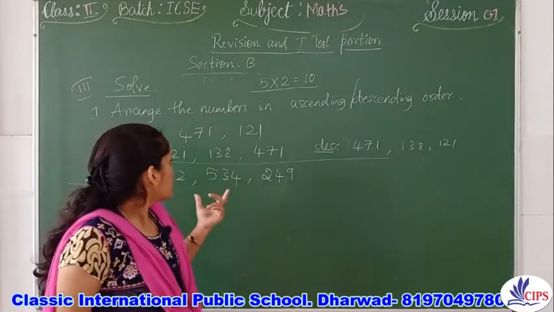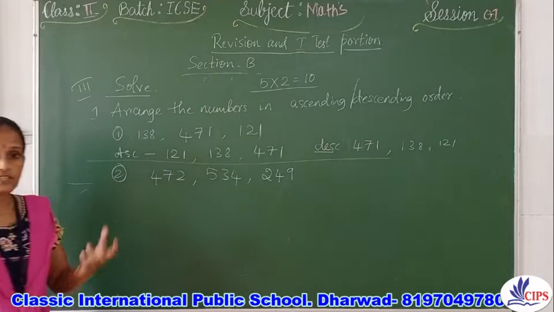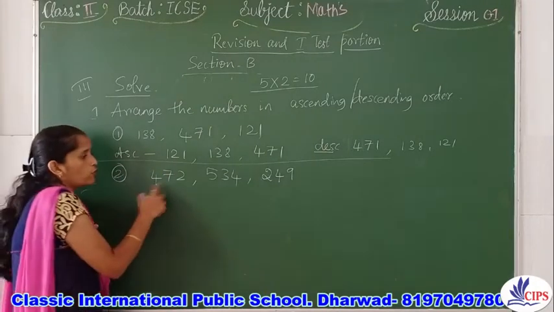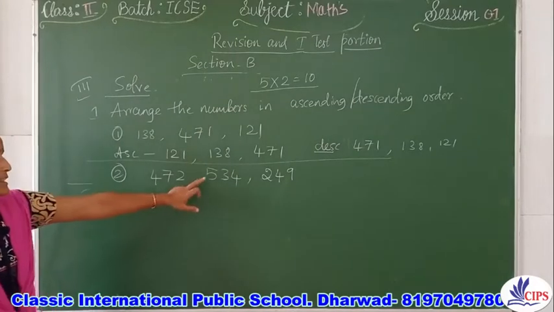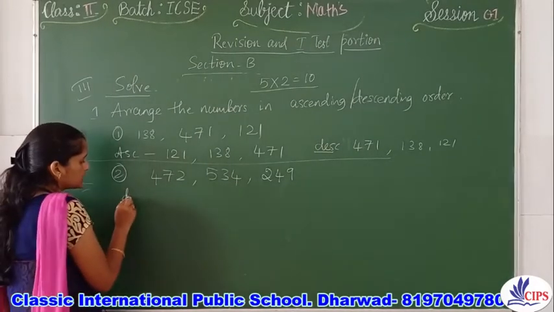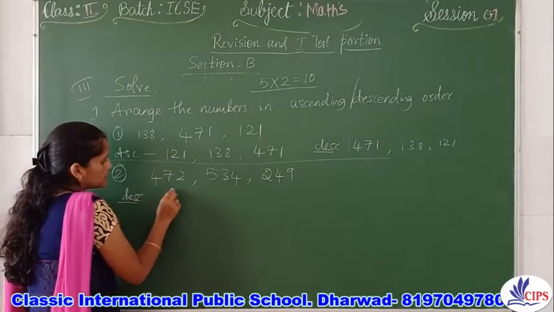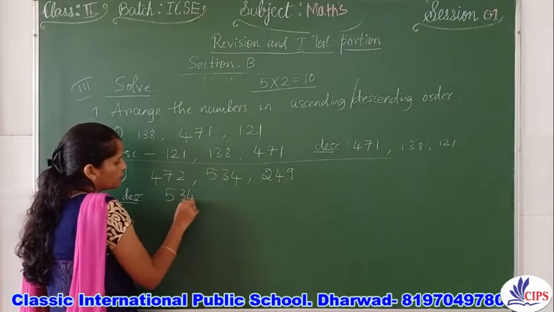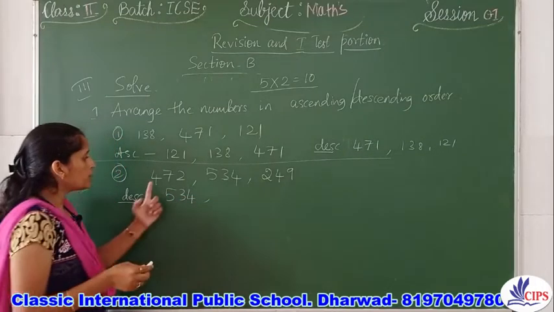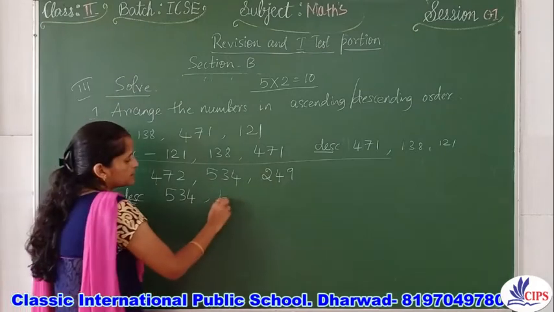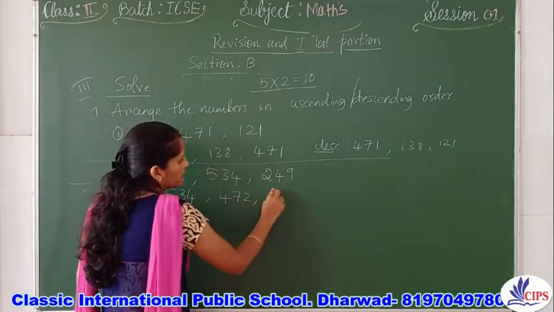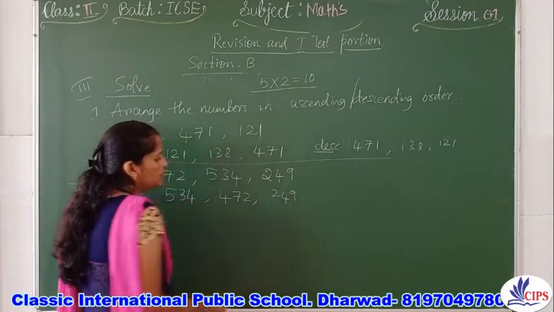Ulta. Okay, now big means the 100 place must have the higher number. We have 4, 5 and 2. Which is highest? Yes, 5. So we are writing descending here. That is 534. Next is 4 and 2. Which is bigger here? Yes, it is 472 and 249.